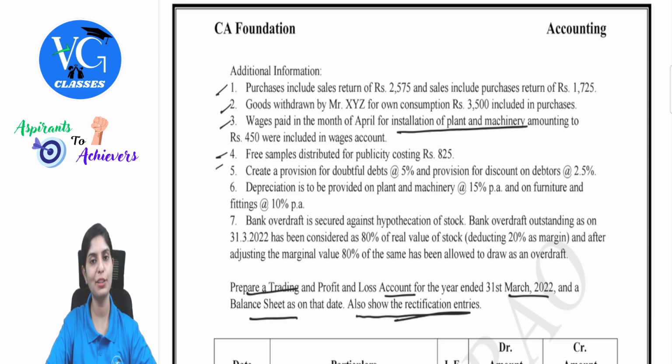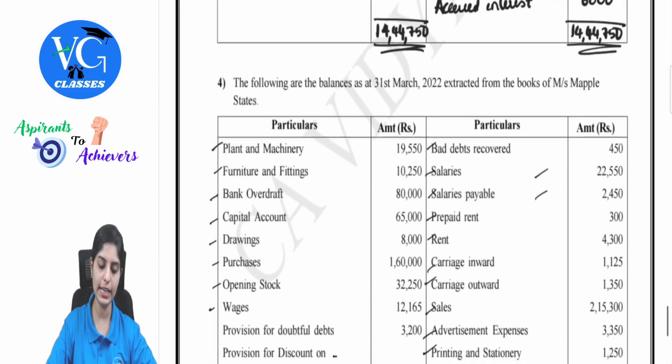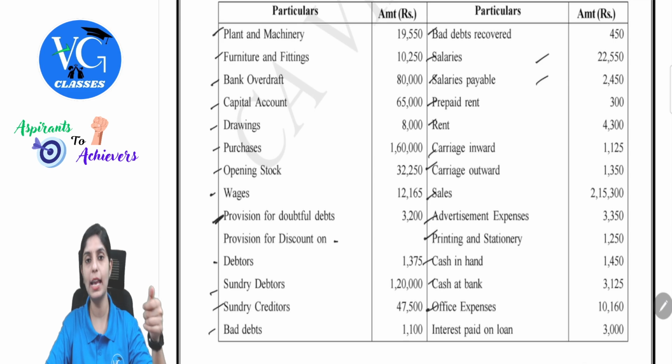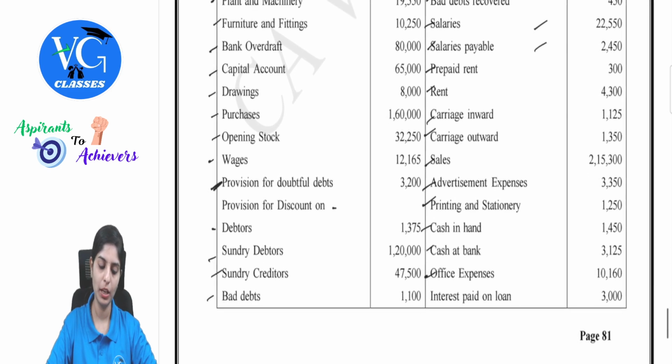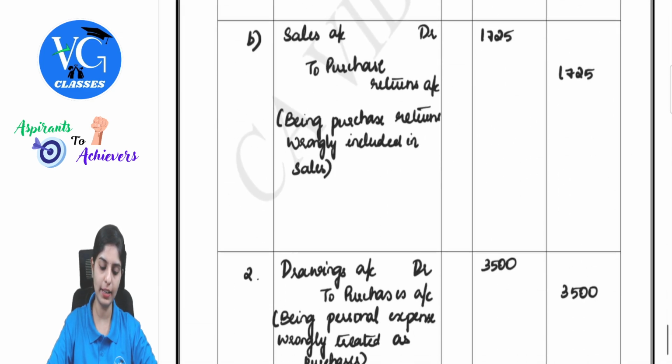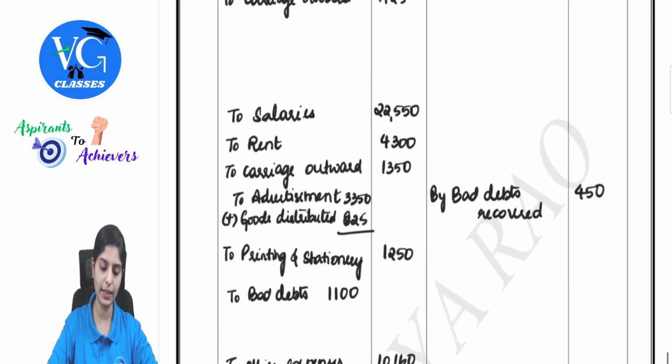See, this is nowhere a rectification, so we will have to directly treat this. Provision for doubtful debts at 5%. So we already had some existing provision. Remember, I told you the format. You will add new provision, you will subtract the old provision. We already had bad debts. So old provision for doubtful debts is 3,200. Let's go to profit and loss.